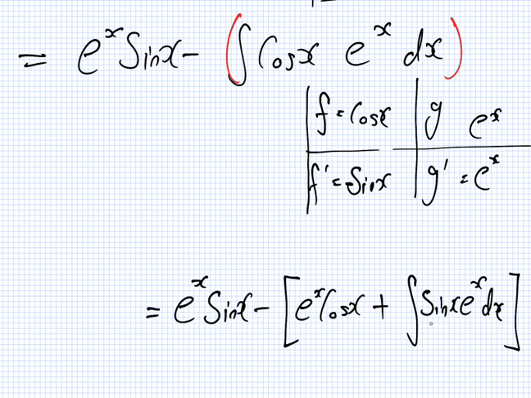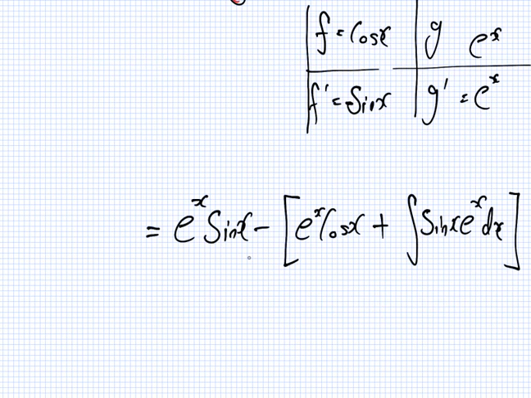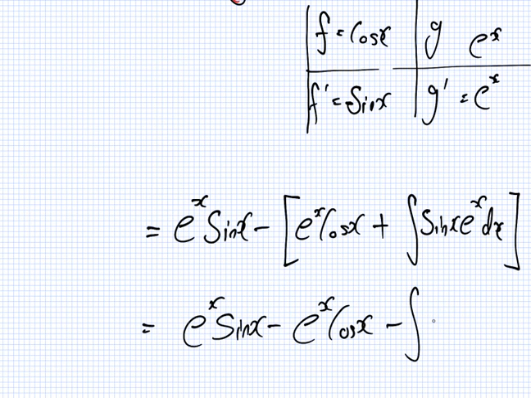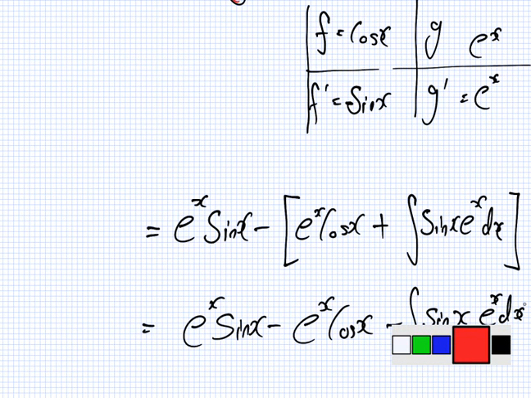Has it gotten any simpler after using the rule twice? No. In fact, what do you think is going to happen each time I use the rule? Will it get any simpler? No. So it looks like we're stuck. We have e^x sin x minus e^x cos x minus the integral of sin x e^x dx.